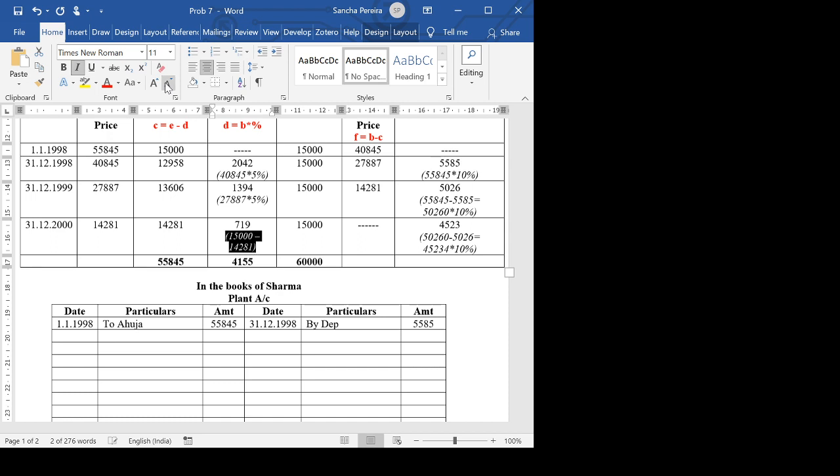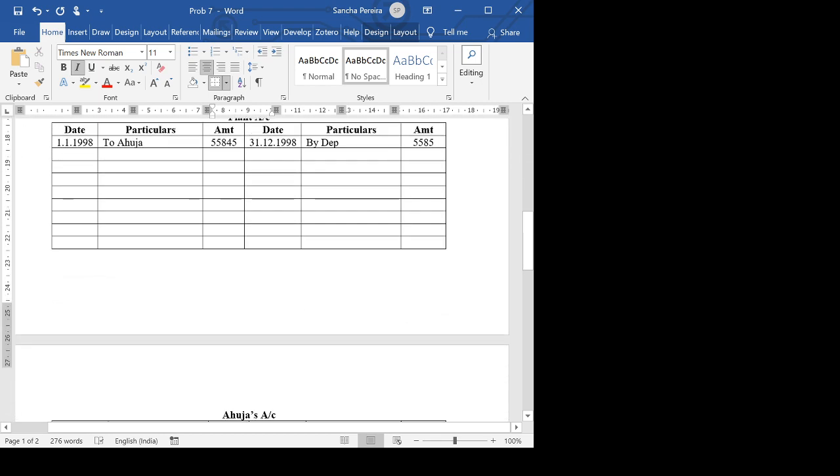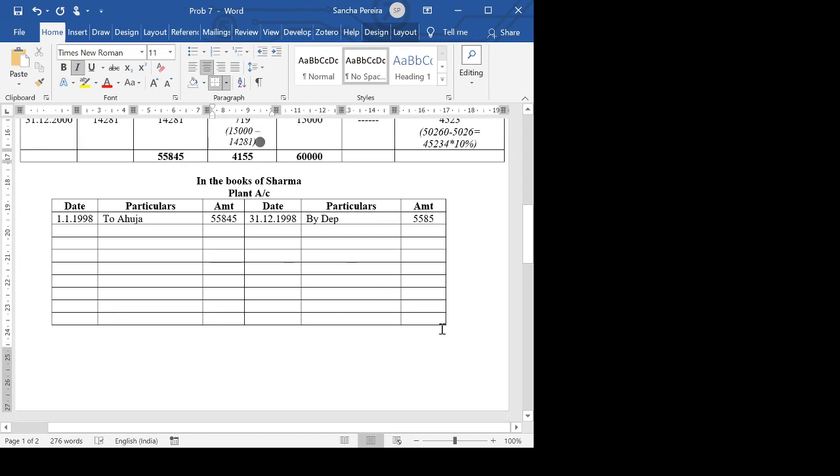Please everyone remember this, otherwise you will get confused. Anyway, good you brought it up. It may be a recollection for some others as well. Fine. So now we have shown the depreciation.